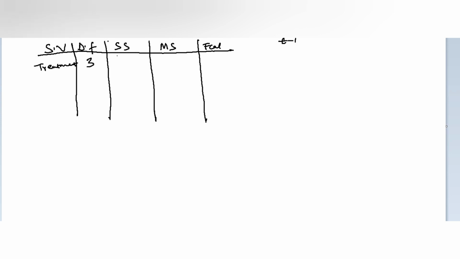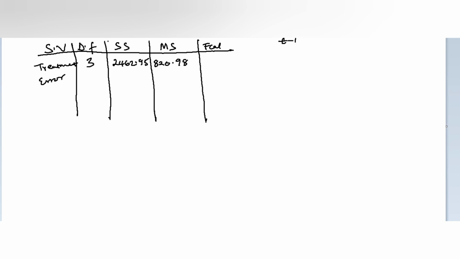So let's look at our SS treatment. From what we calculated, I've already done that calculation. Our SS treatment is equal to 2462.95, and our MS treatment is equal to 820.98.